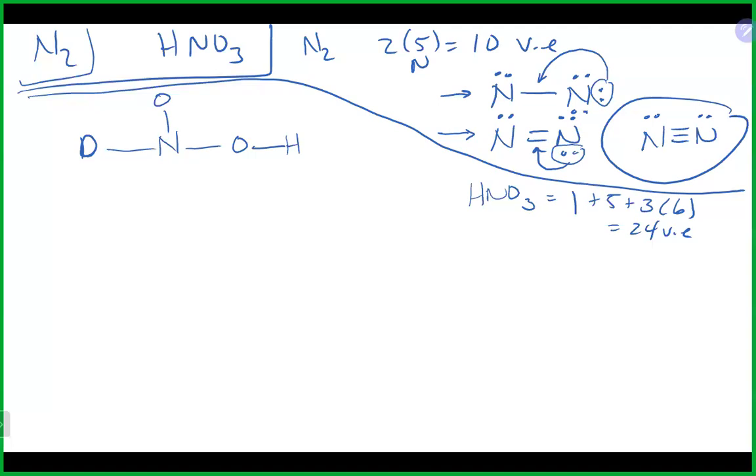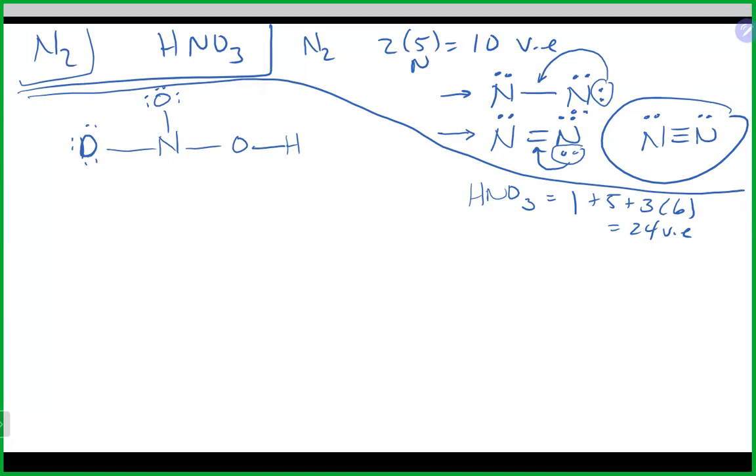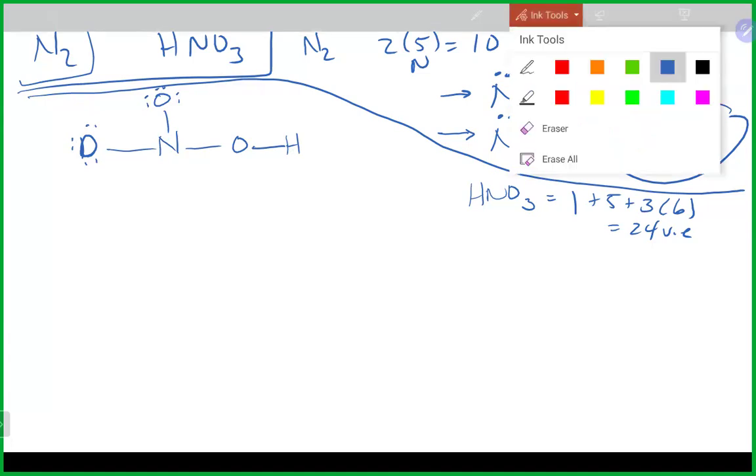I am still going to work on the outside and work my way in. I am definitely not, because we're professionals here, going to put any dots on the hydrogen, right? So we're going to go 2, 4, 6, 8, 10, and 12. At this point, I have now used 20 electrons, if I am not mistaken.